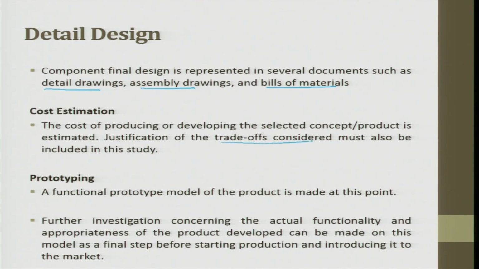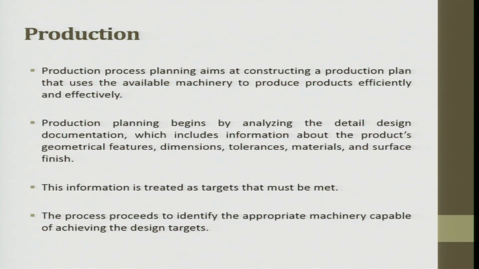Justification of the trade off considered must also be included in this study, and once it is all done, then we try to make a functional prototype model of the product at this point. So, further investigation concerning the actual functionality and appropriateness of the product developed can be made on this model as a final step before starting production and introducing it into the market.